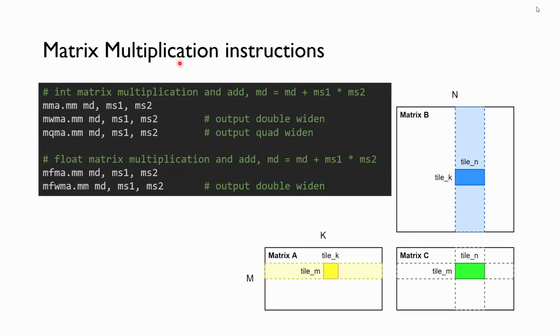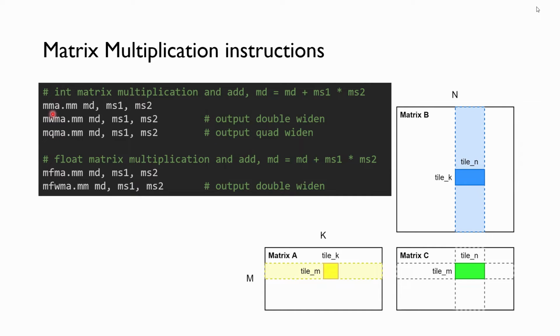And the arithmetic instructions are divided into two kinds. One is the matrix multiplication instruction, and it's the highlight of the matrix extension. So we support integer matrix multiplication as well as floating point matrix multiplications. There are in total 5 instructions supporting single, double widened and quad widened results.